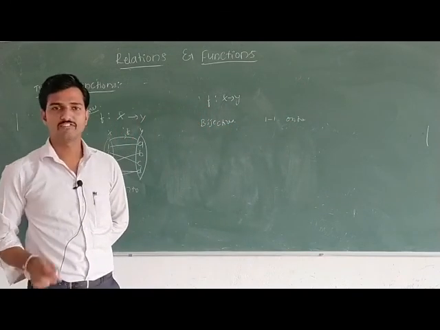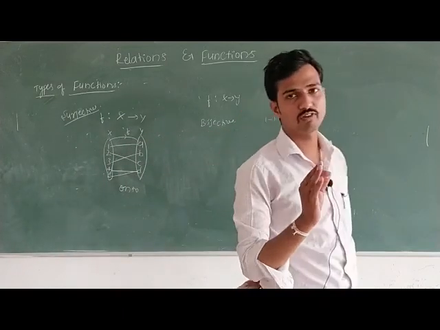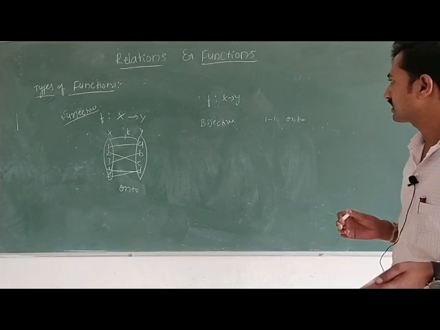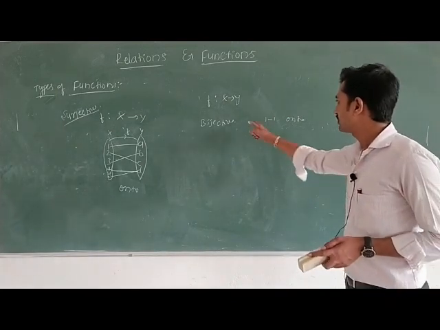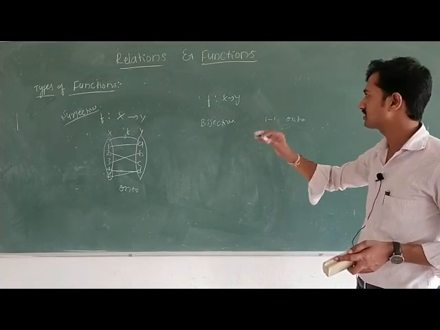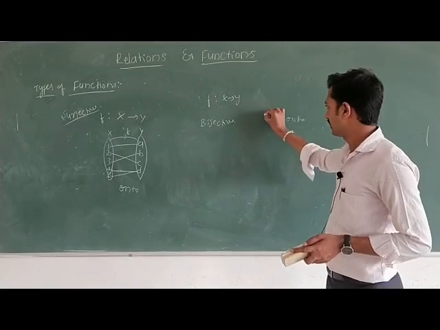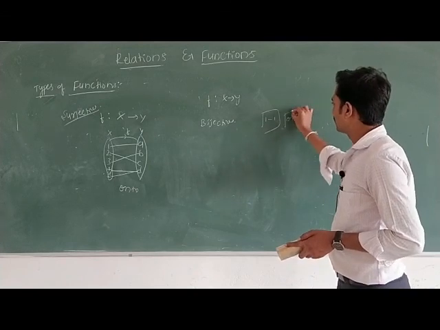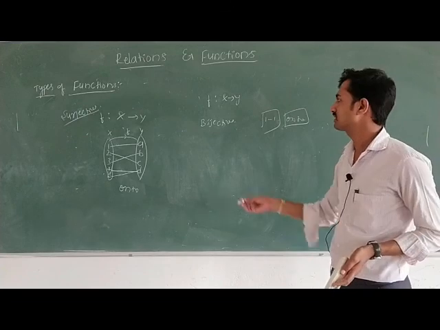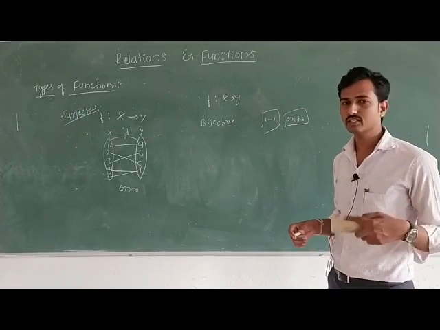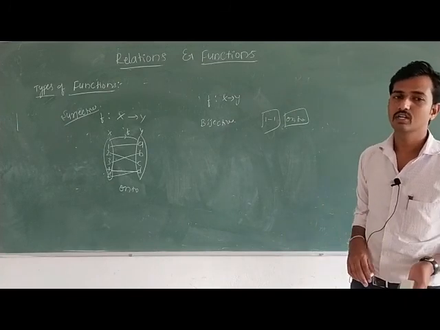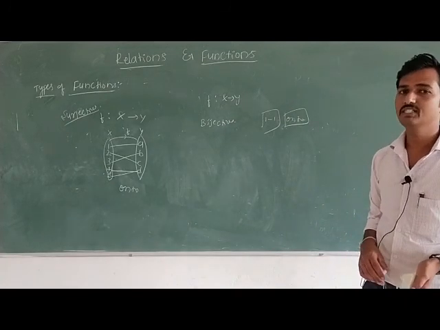Remember that if any function f is defined from X to Y and is called bijective, then that function must be both one-one as well as onto. That function is called a bijective function, or we also call it a one-one onto function.